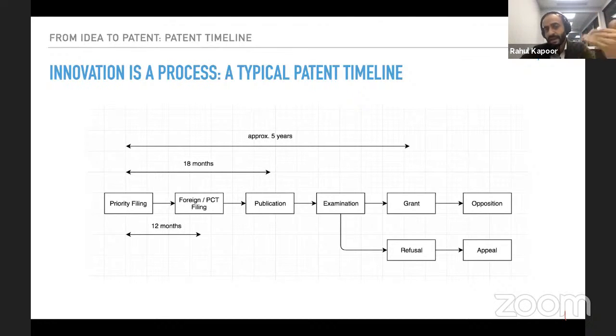If not, they might give you an FER in India. I'll show you a little bit about FER also. Then there'll be a decision. Once you solve all the objections that the examiner has raised in the FER, which is the first examination report, you will get a grant or a refusal. The grant can also be challenged by third parties in various opposition measures, and your refusal can be challenged by you in the form of appeals.